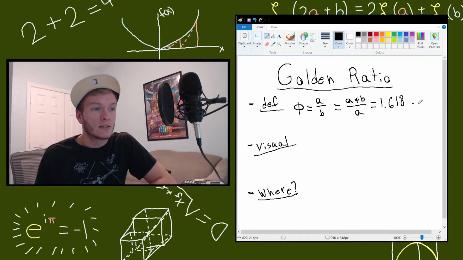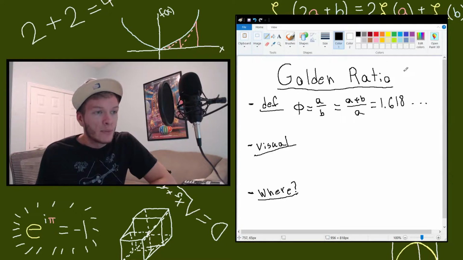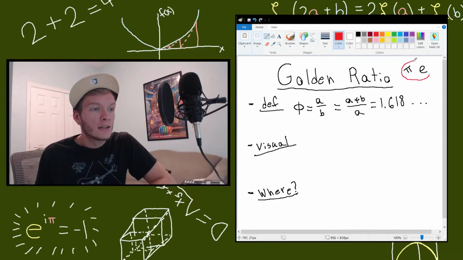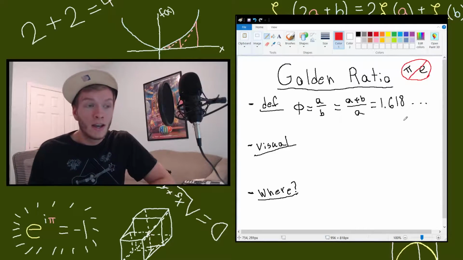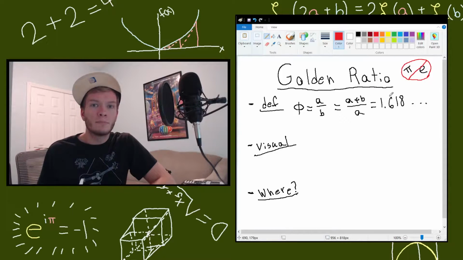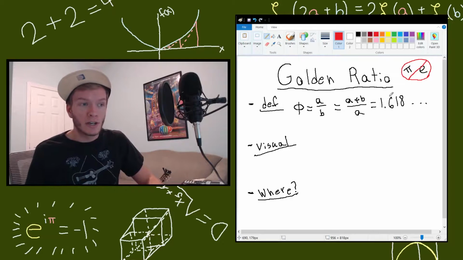When you solve it out, it ends up being about 1.618 and some change. Now, unlike numbers like pi and e, this is not transcendental. Transcendental basically means that it can't be represented by a closed solution.